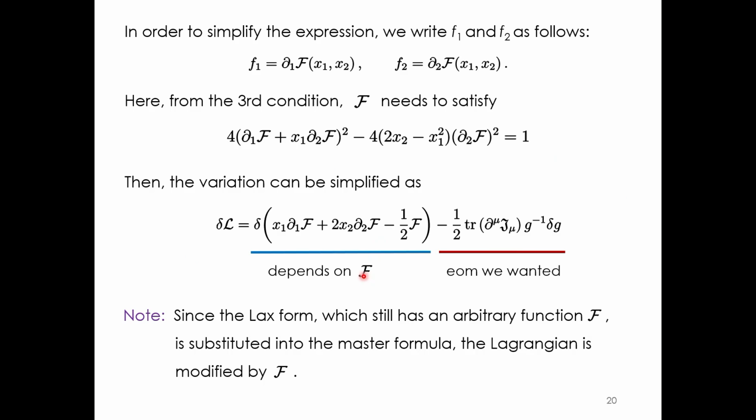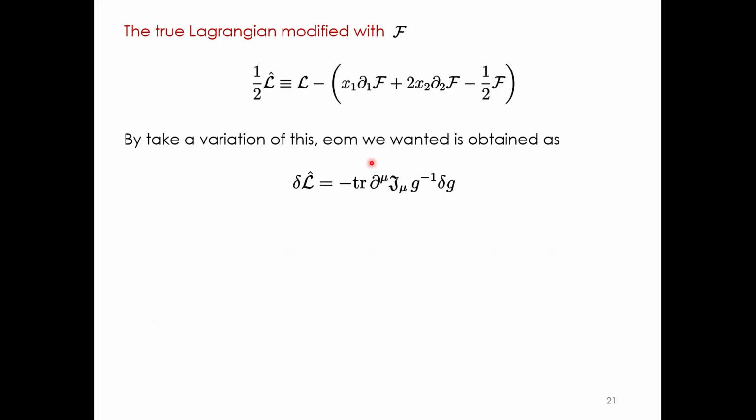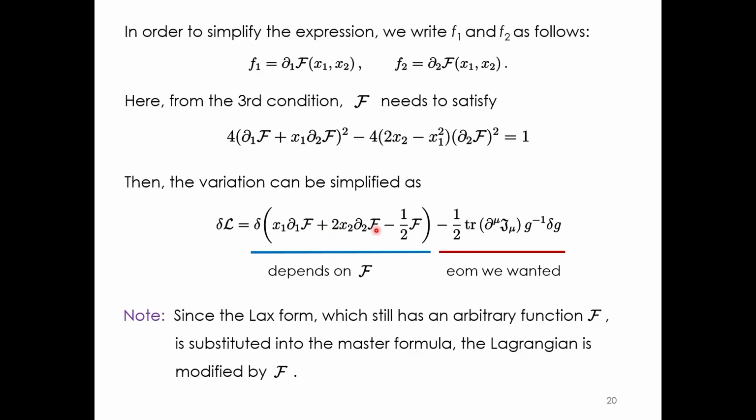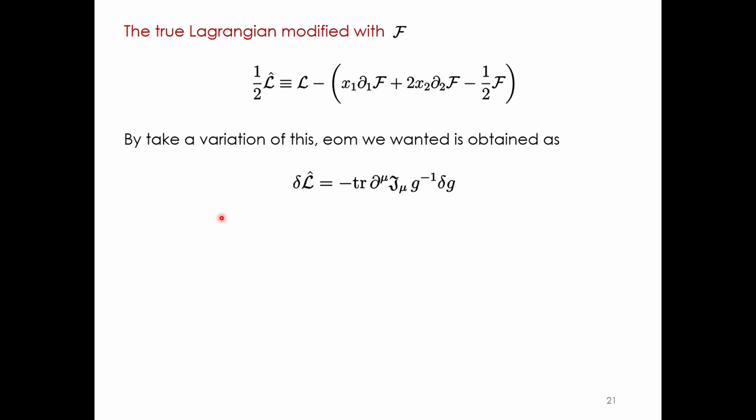Anyway, now we have good ideas to modify the multidimensional Chern-Simons actions like this. So let's see, define L hat like this, by moving this piece to the right-hand side.